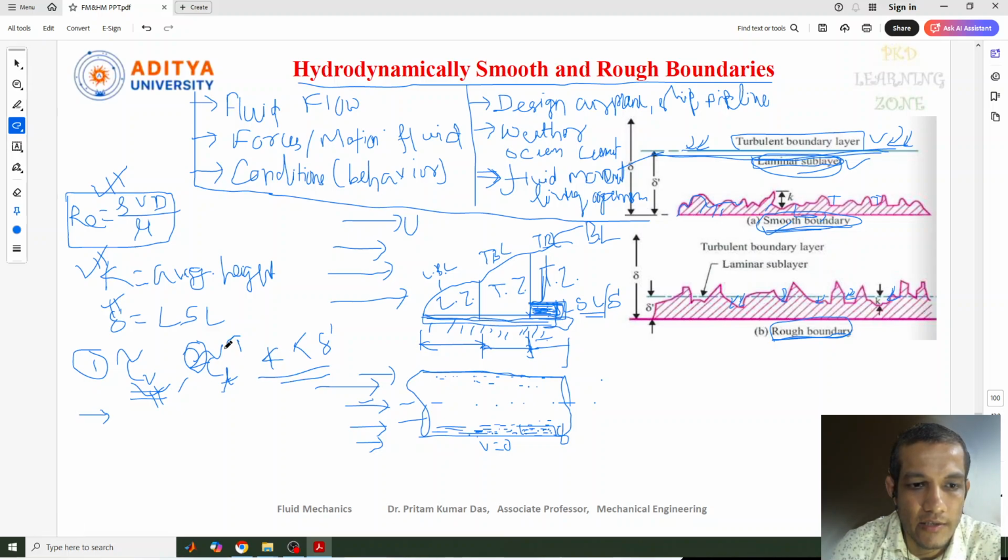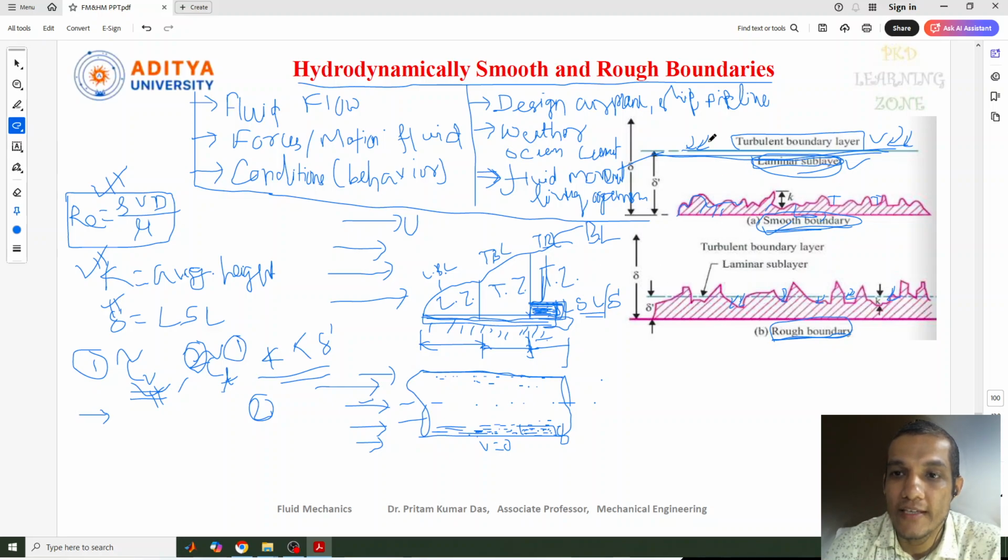This is the first one, the smooth boundary, and I already informed you why it happens. It is because of the laminar sublayer while the fluid flow is turbulent. Turbulence is there here, but at this point, due to the viscous effect, there will be no effect of turbulence.